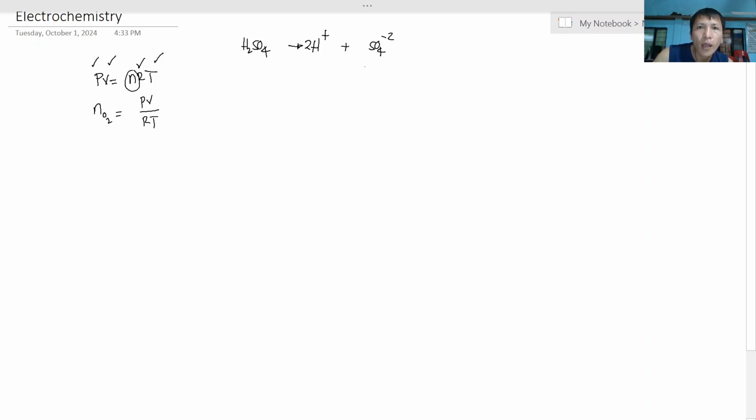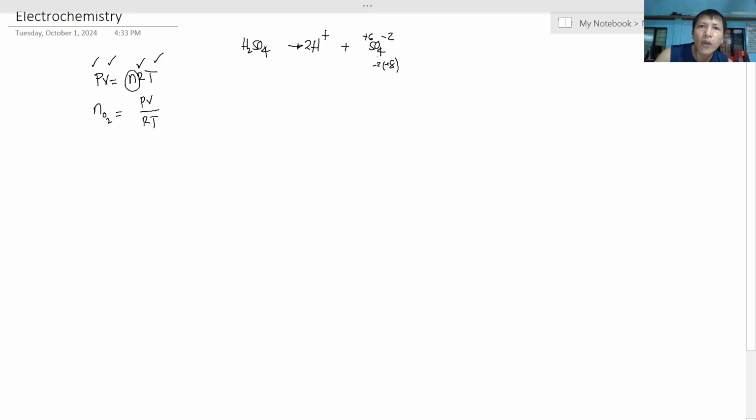Oxygen is negative 2, times 4, that would be negative 8 for oxygen. So for the whole sulfate to have a negative 2, your sulfur here must be a positive 6.